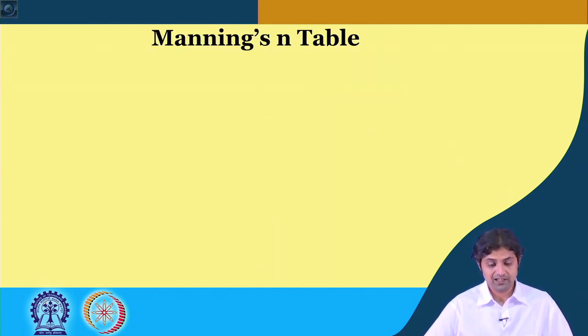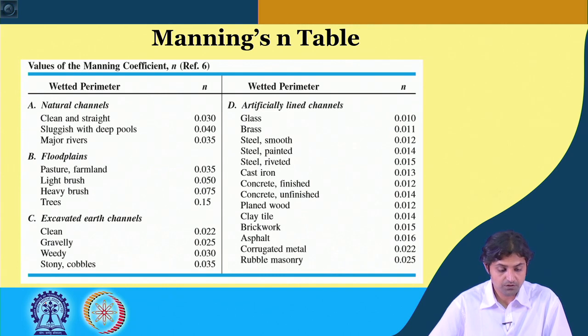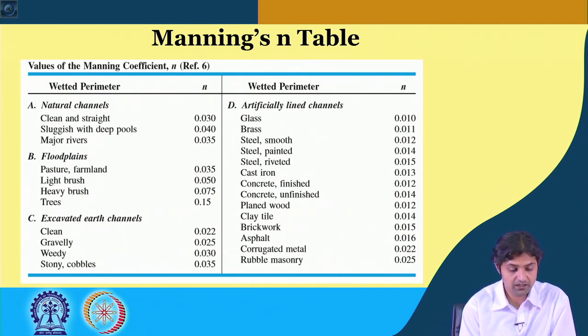So, Manning's n table. So, this is the general value of the table. Okay. So, if the natural channel is there for a different type, for clean and straight channels n is 0.030, for sluggish with deep pool it is 0.040, for most of the rivers it is 0.035.